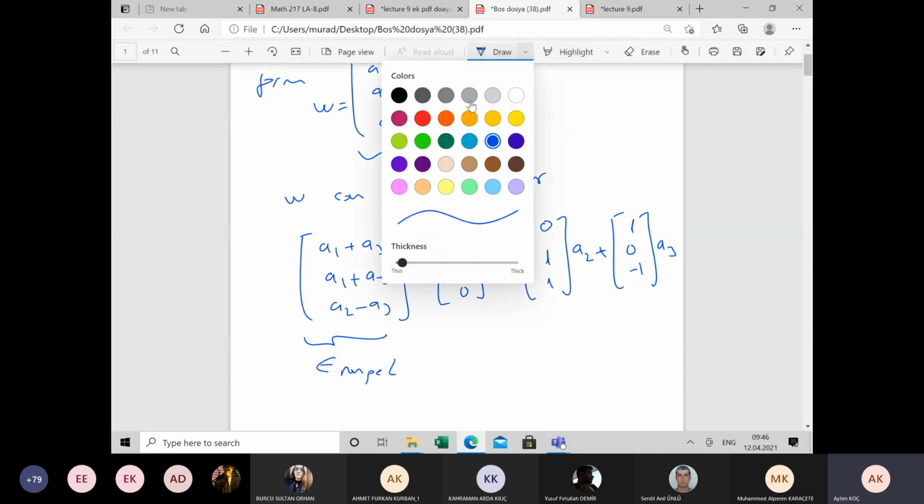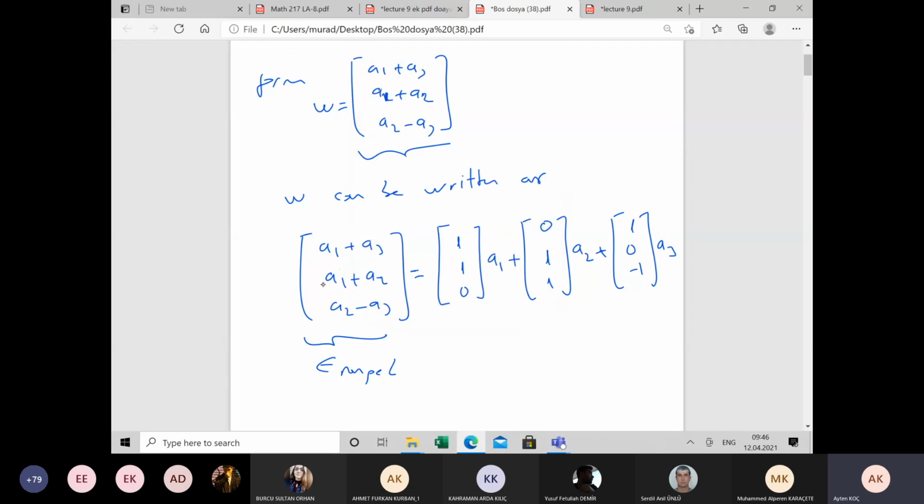And look at this one, how to write it. For example, look at the coefficient of a sub 1, 1, 1, 0. Look at a sub 2, there is no a sub 2, and here 0, 1, 1. Then we obtain this form.